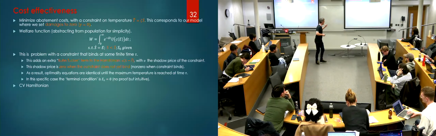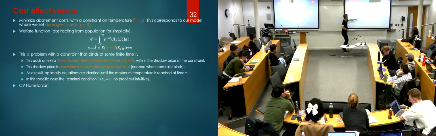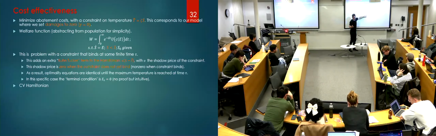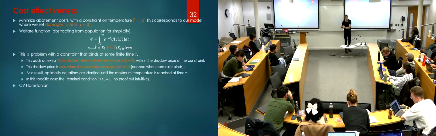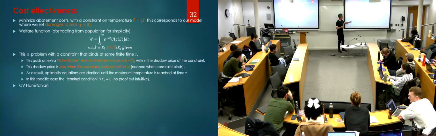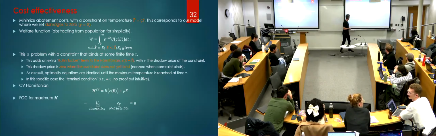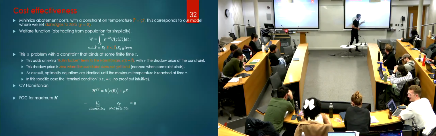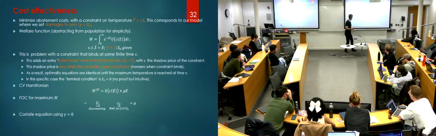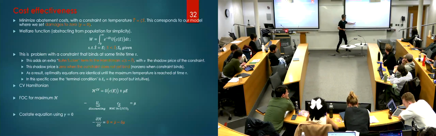You can prove that, it's a bit hard, but it's also intuitive. So you use 0 emissions at the end when you hit the constraint, when you reach the 1.8, and that is then well defined.